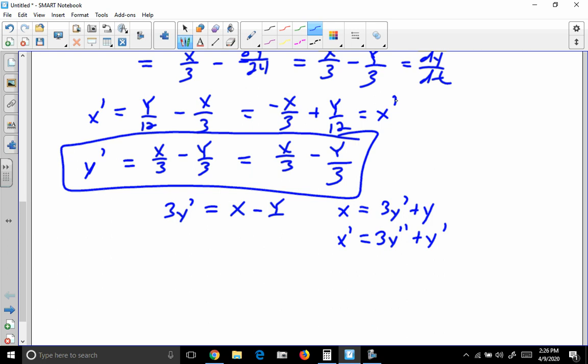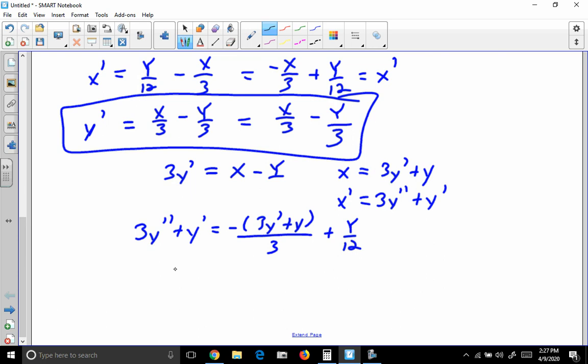If we replace x prime with 3y double prime plus y prime, and then if we replace x with 3y prime plus y, then this whole equation has just y's in it. This equation no longer has y's and x's. It just has y, the first derivative of y, and the second derivative of y.